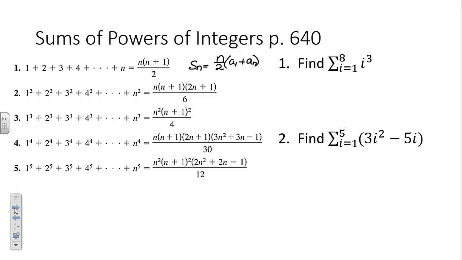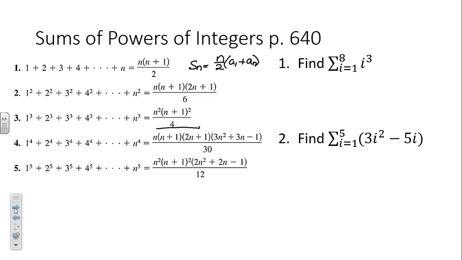Yep, exactly. So you have to identify the right formula first, and we're trying to find i cubed, aren't we? So we're using the third formula, and this says to find 1 cubed plus 2 cubed plus 3 cubed plus 4 cubed plus 5 cubed up to 8 cubed, right?